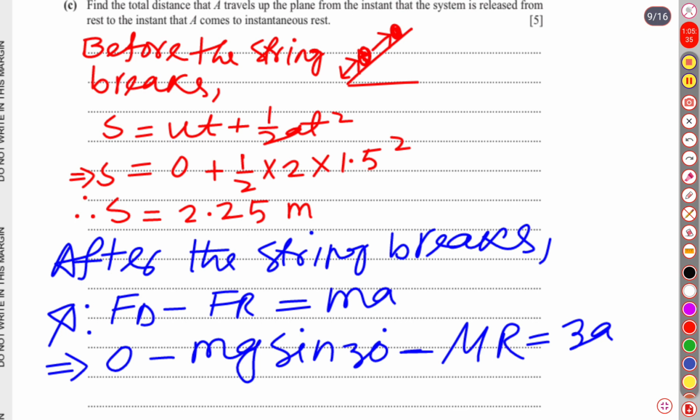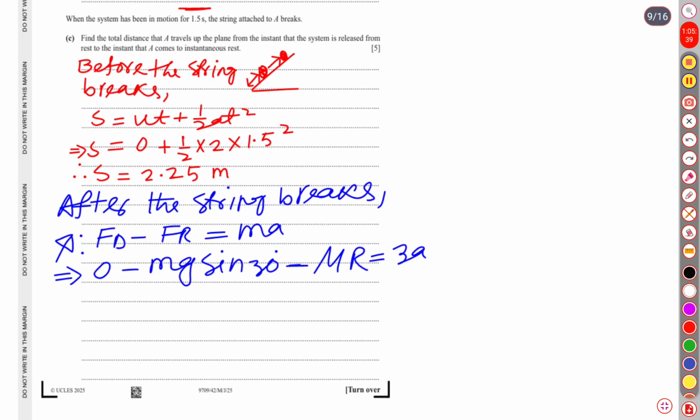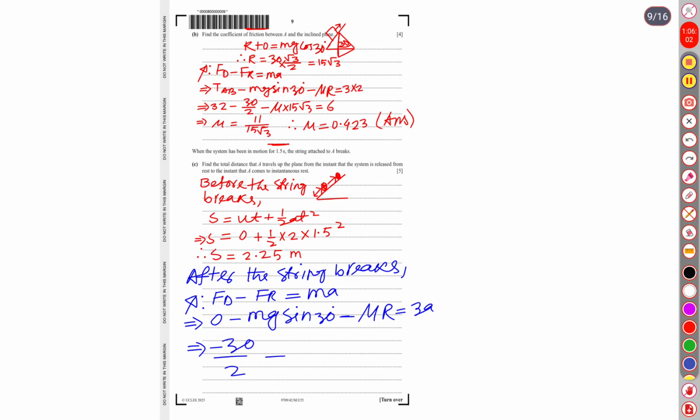Then if we simplify it more, mass is 3, so 30 sine 30 is 30 over 2, it is negative 30 over 2, minus mu, which has already been obtained in the previous question. Our mu was 0.423, which we have already obtained.